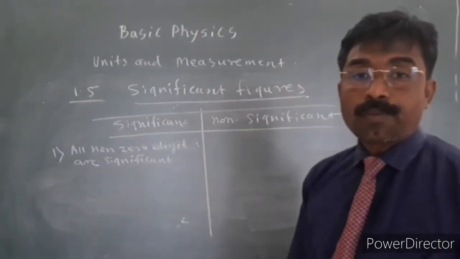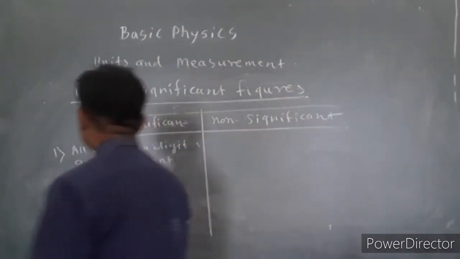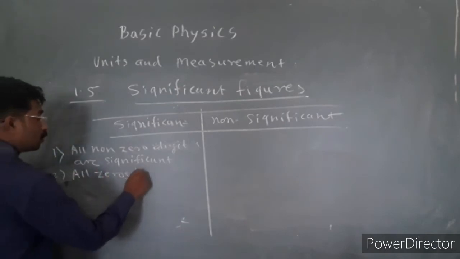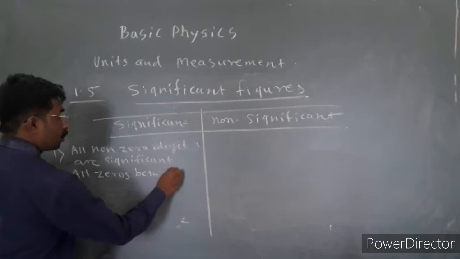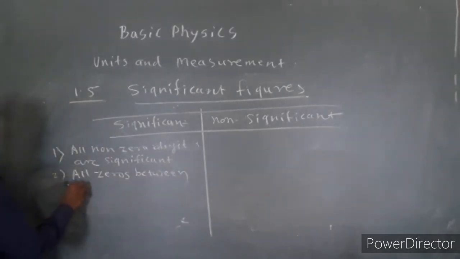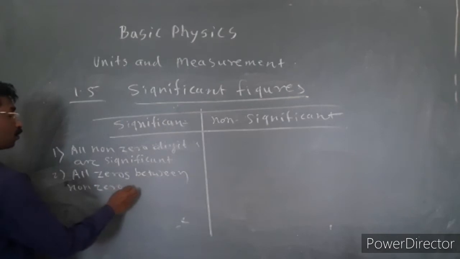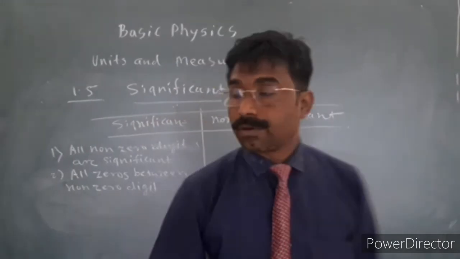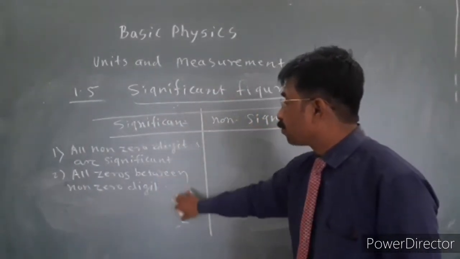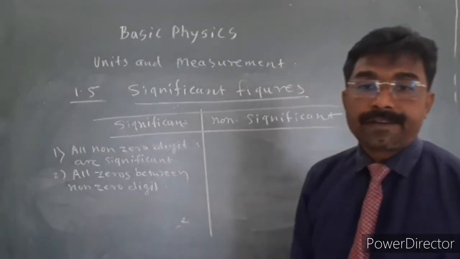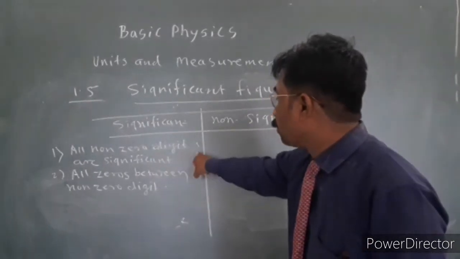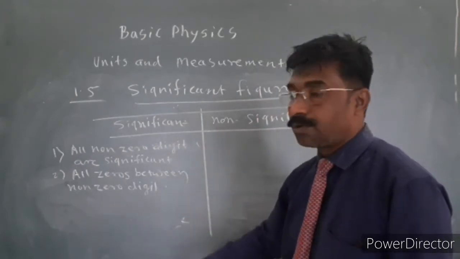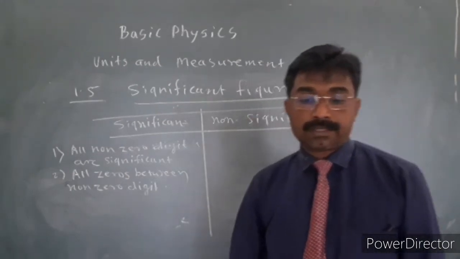Then all zeros between non-zero digits; this is the second rule. These first two rules indicate how to identify significant figures. All non-zero digits are significant. All zeros between non-zero digits are also significant.